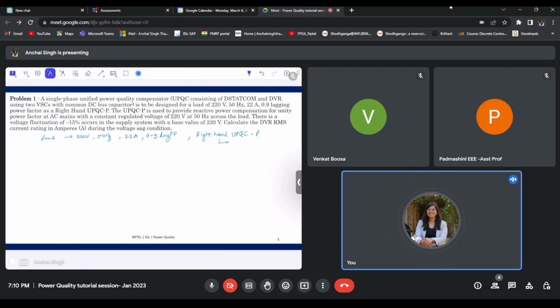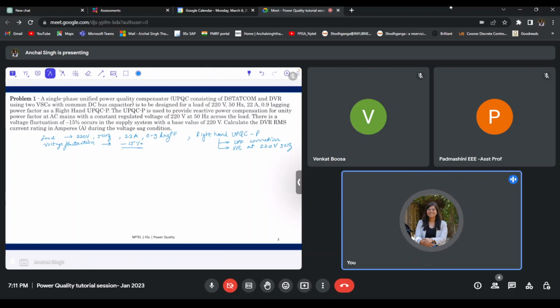So this UPQC is serving two purposes: one is unity power factor correction, and another is voltage regulation at 220 volt 50 hertz across the load. There is a voltage fluctuation in the system of minus 15%, so that is a sag with a base value of 220 volts.